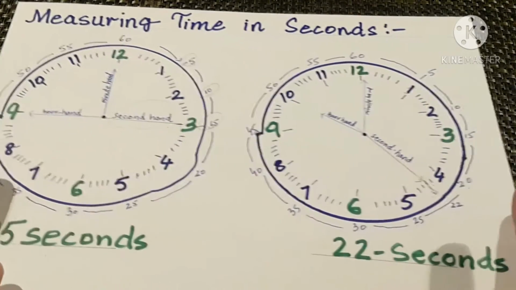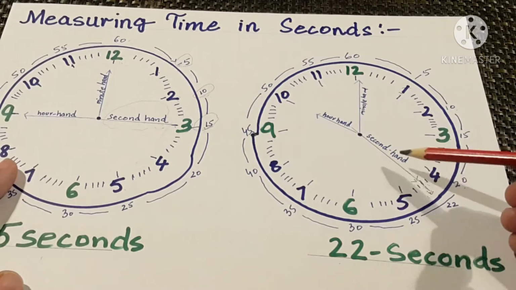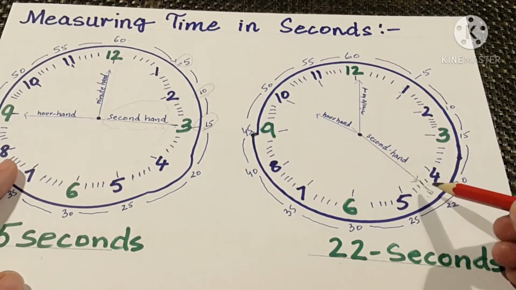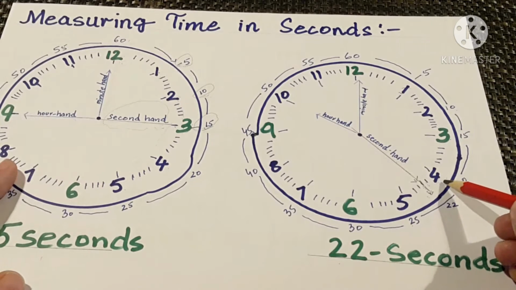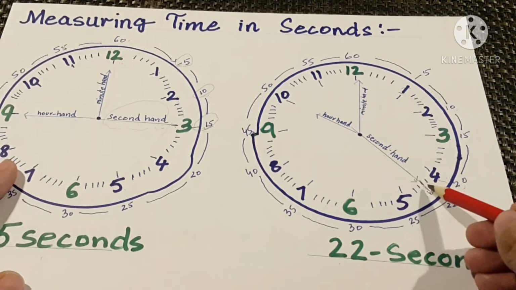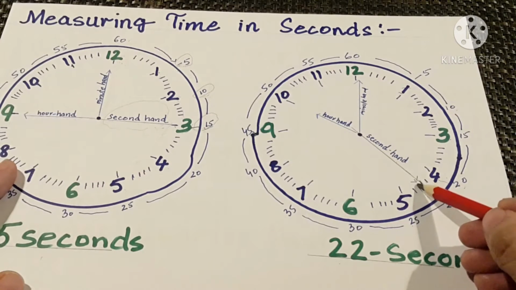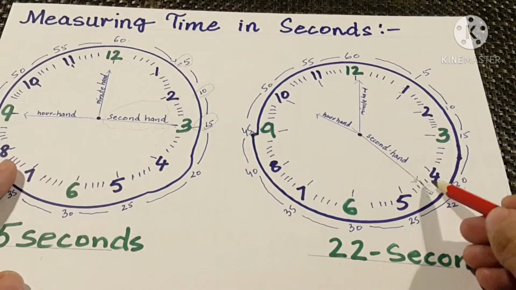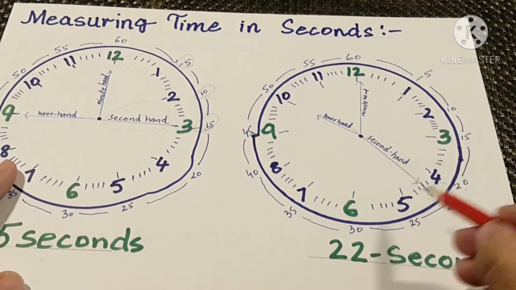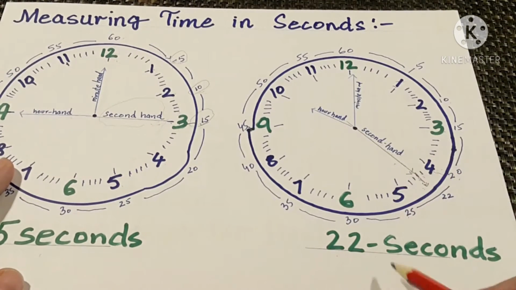Now in this figure the second hand is pointing towards a line between 4 and 5. At 4 the seconds are 20. Now we will add the two lines to 20. This becomes 21. This is 22. So this second hand is showing us the time 22 seconds.